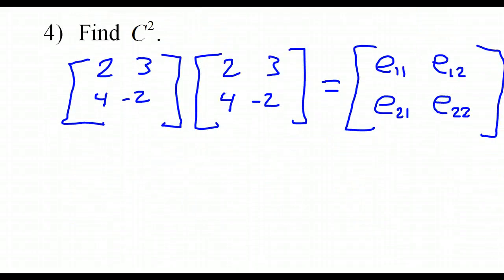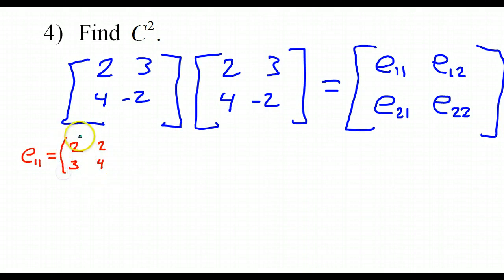Let me zoom in a little bit. If I want to find element 1,1, I have to do row 1 times column 1. That's row 1 from the first matrix, 2, 3, times column 1 of the second matrix. So that's 2, 4.